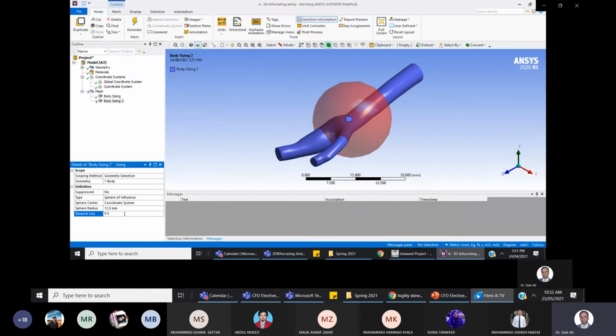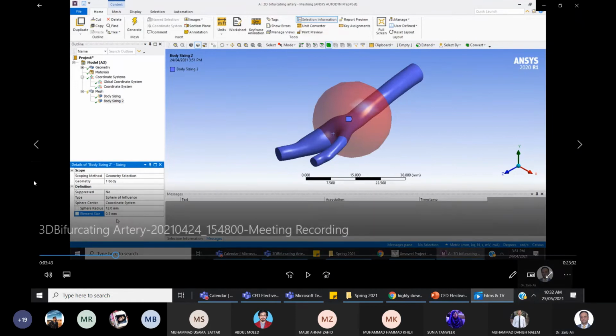And here you will see that you are giving the diameter of the sphere, how much larger you want to create the local refinement region. So as you will see later, it will refine the mesh only in that sphere.